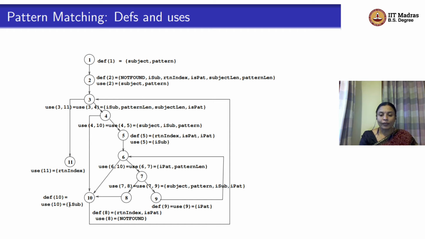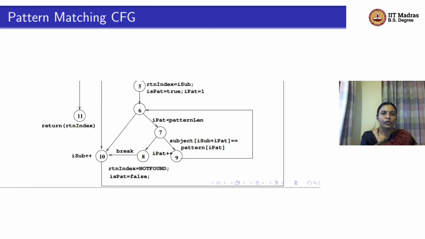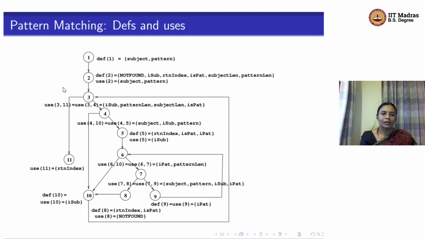That was the statement. If you focus on vertex 10 here, I sub is I sub plus plus, this one. So it means that the variable I sub, which represents the index over the subject, is both defined and used at node number 10. Similarly, you can trace back and forth between the other ones.